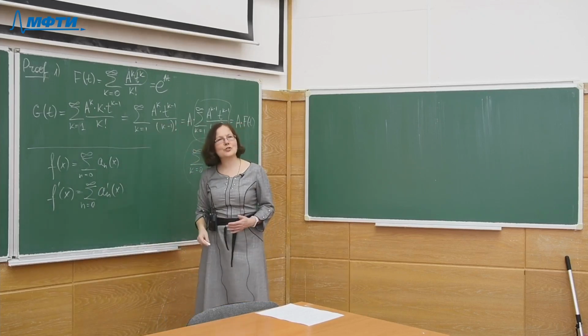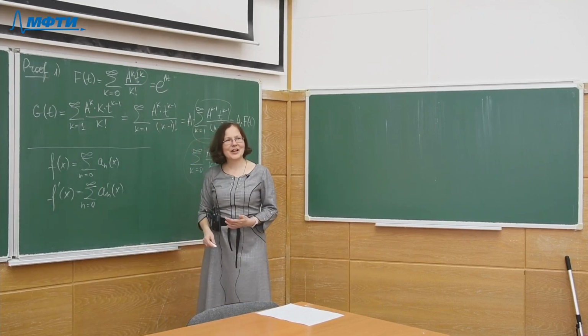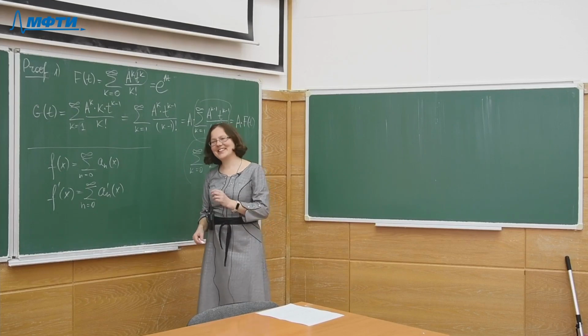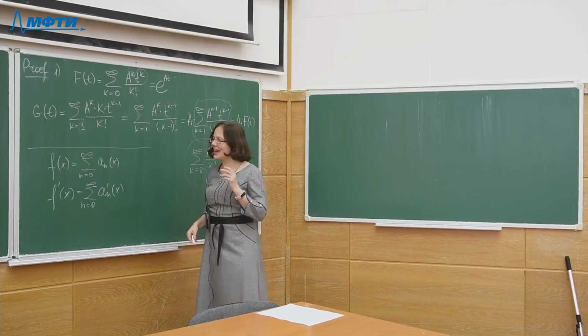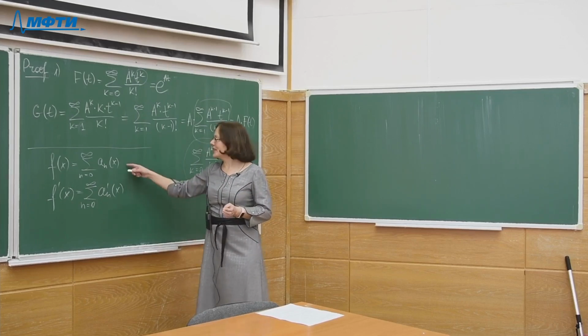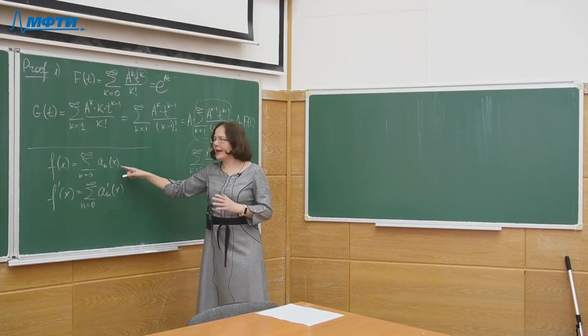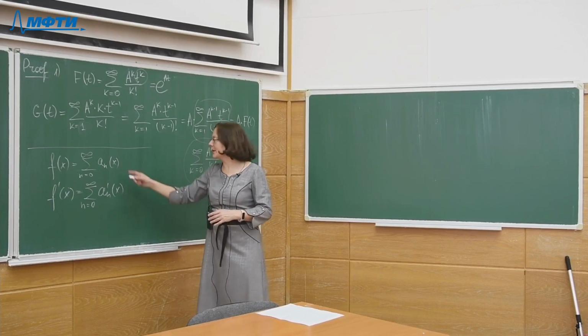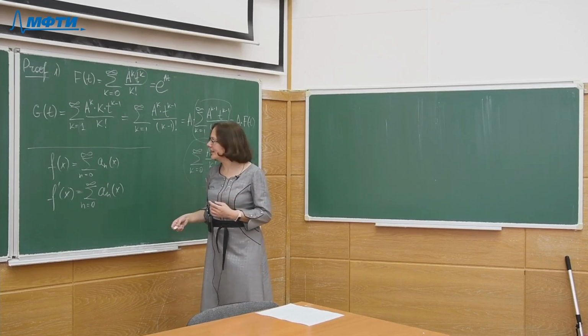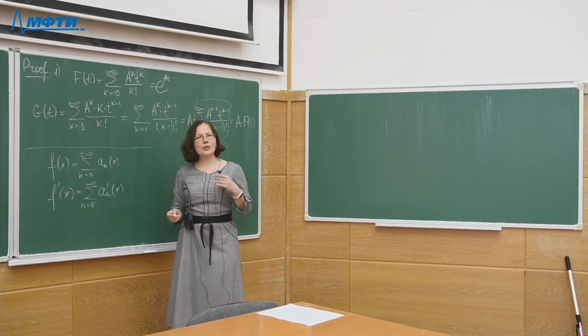Is it always true or not? So for infinite series, it may not be true. This is true if we have a finite number of terms in the sum, but not infinite. For infinite series, we need to check.